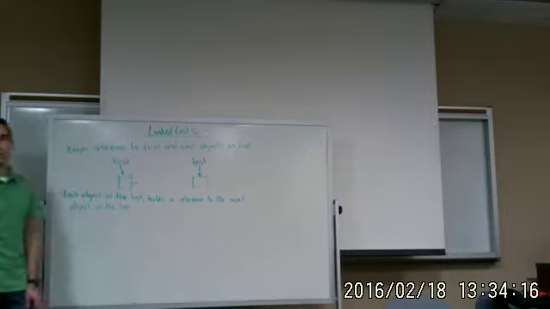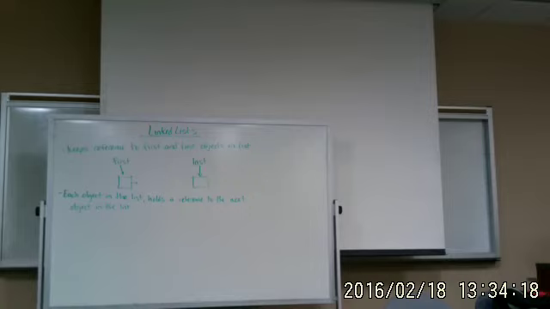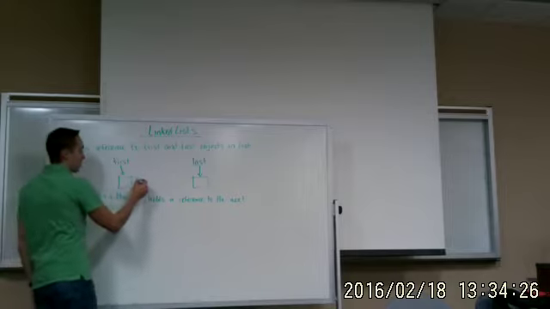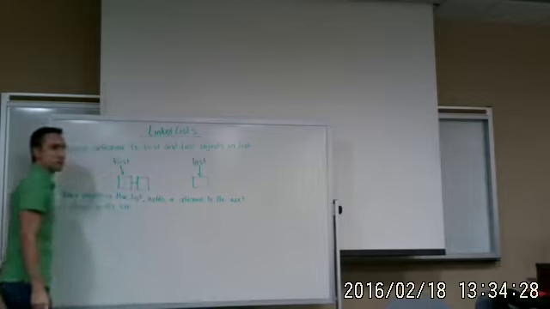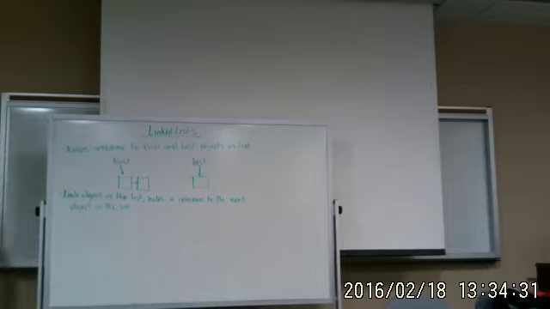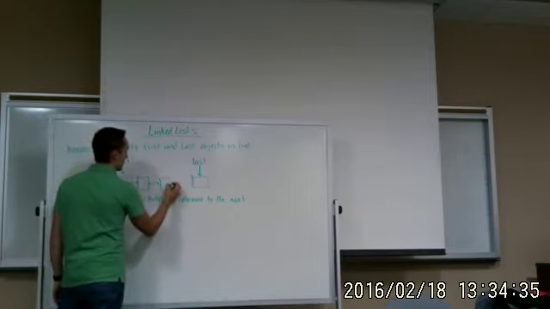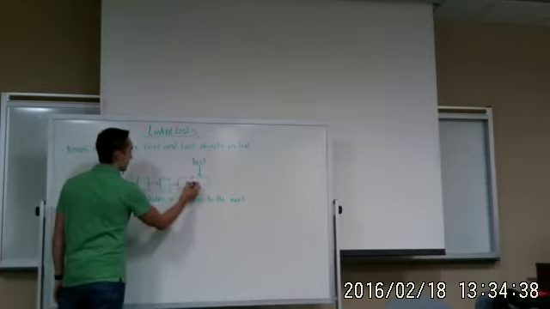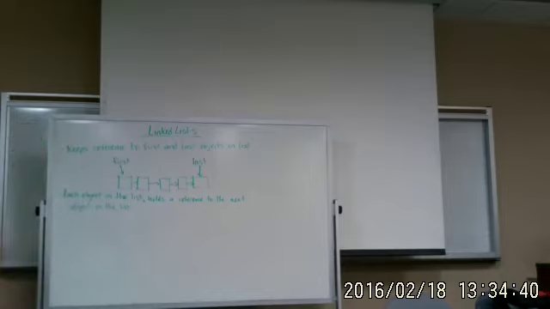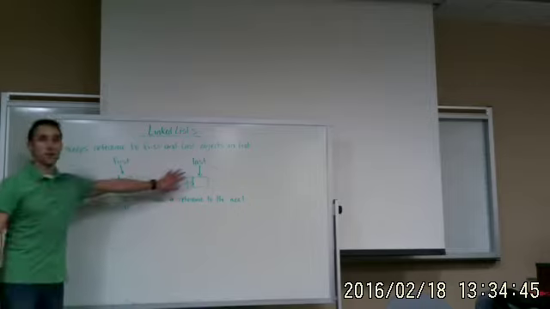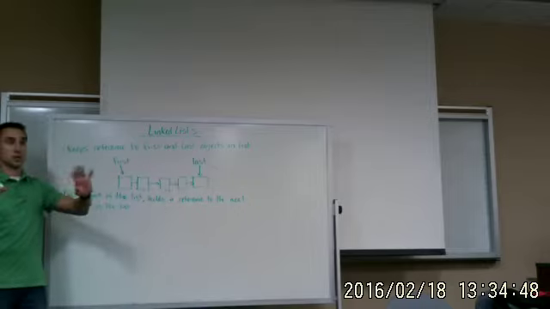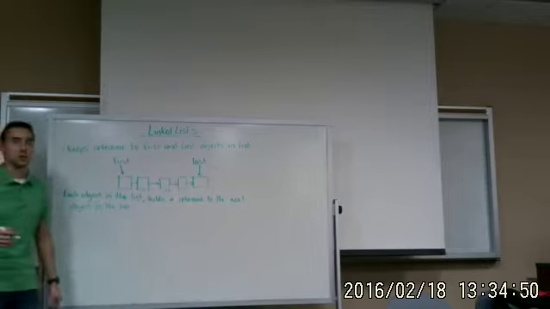Each object in the list holds a reference to the next object in the list. So the object that's first will hold a reference to the object that is second. The second object holds a reference to the third object. The third object holds a reference to the fourth object, and so on. Now, does this make sense so far? Conceptually, we good? We'll figure out the coding in just a little bit.